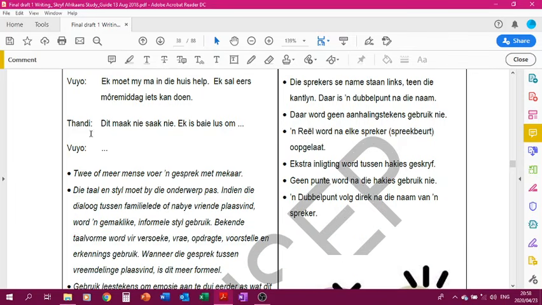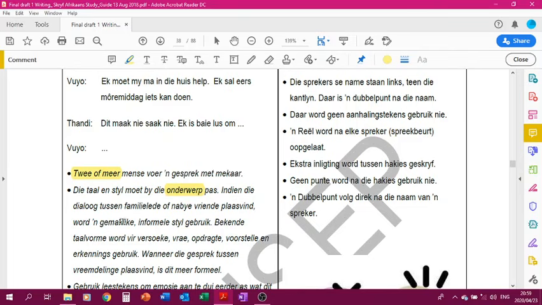Goed. So 2 of meer mense voer 'n gesprek met mekaar. Die taal en styl moet by die onderwerp pas. So again guys, make sure onderwerp is your topic. It has to fit with the topic.